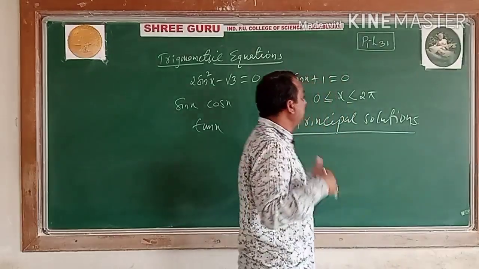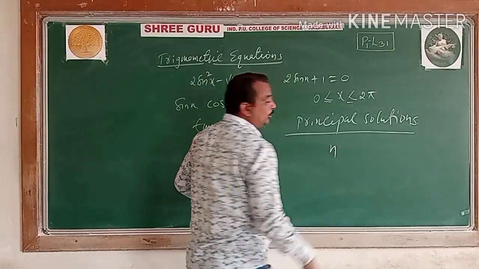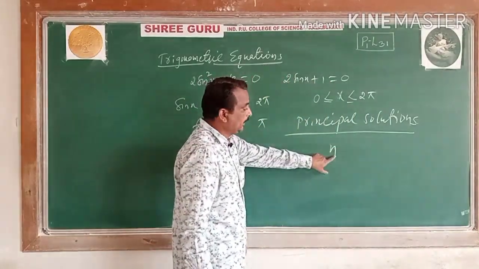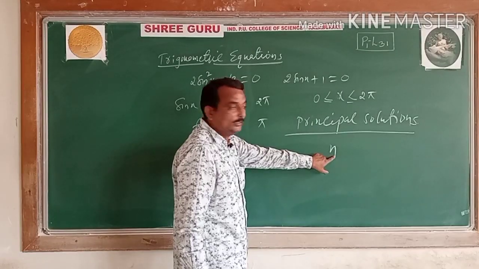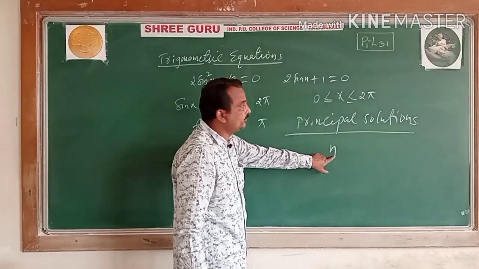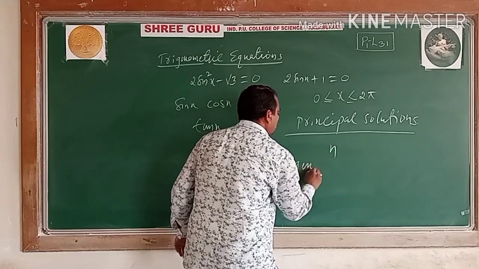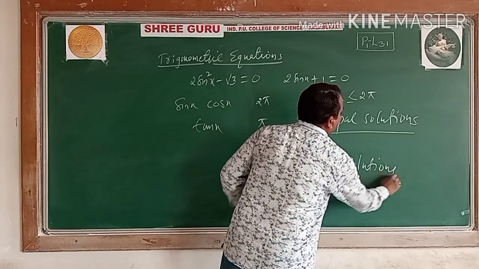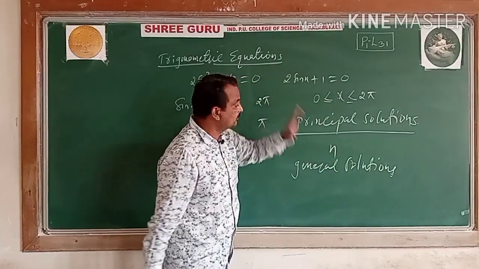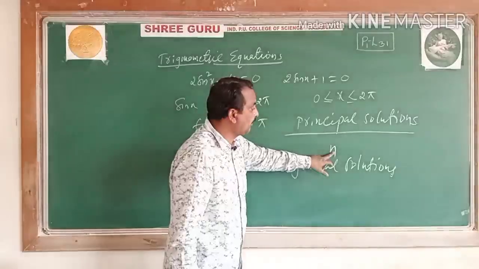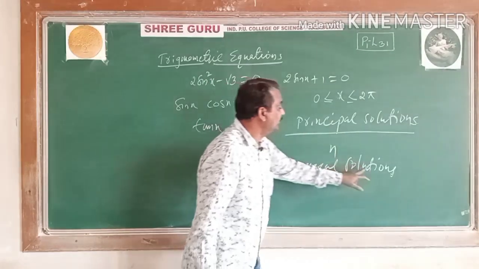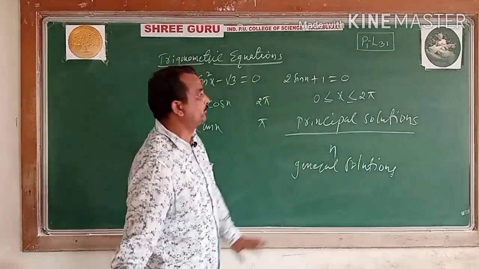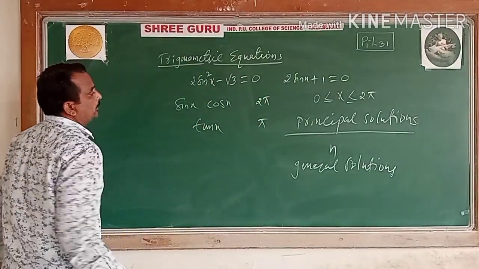So in general, writing the repeating values in terms of n, the n number of solutions is called the general solutions of the trigonometric equations.